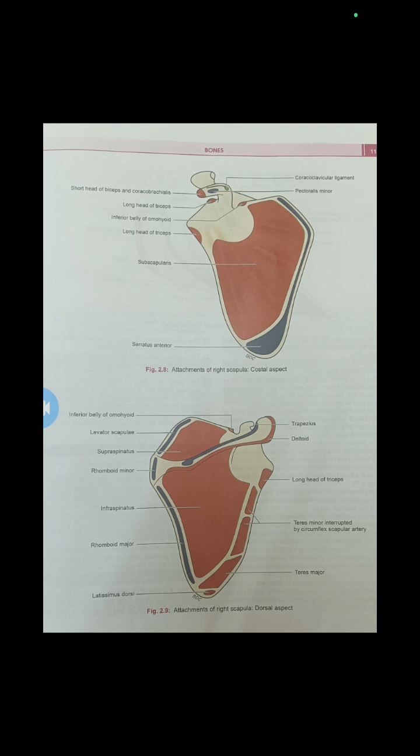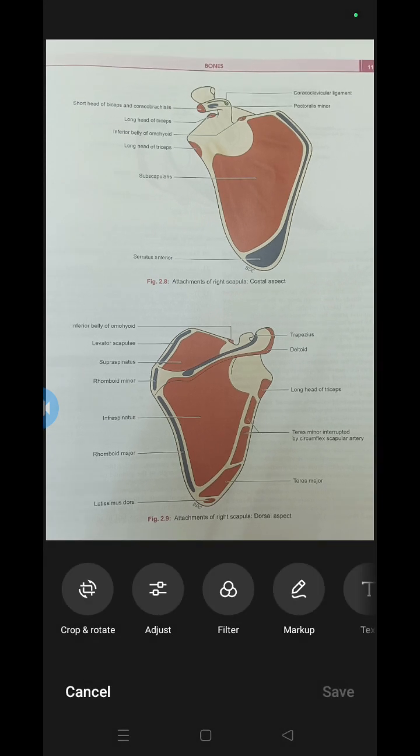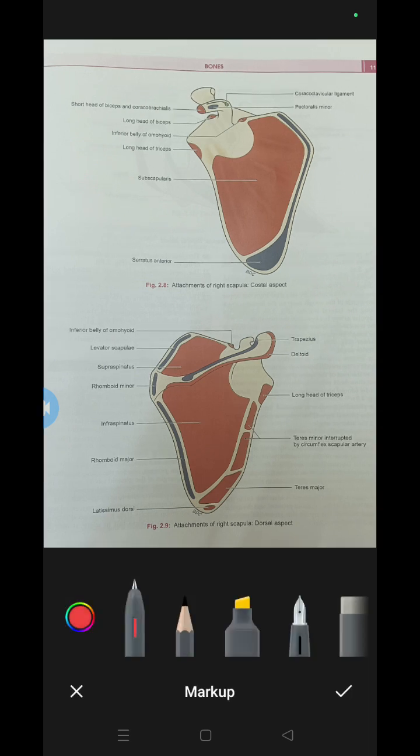So coming to the origins, we have subscapularis, supraspinatus, infraspinatus, deltoid, long head of biceps brachii, coracobrachialis, long head of triceps brachii, teres major, latissimus dorsi, inferior belly of omohyoid. These are the origins. I will mark here.